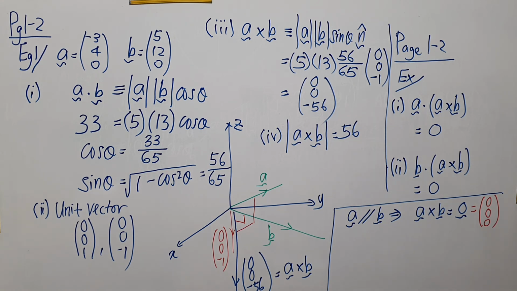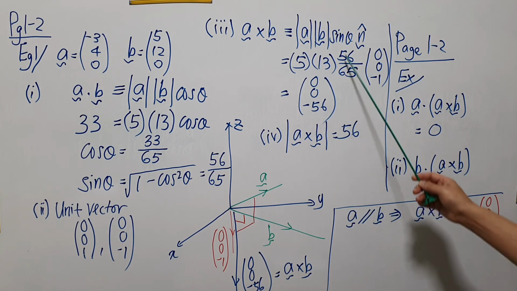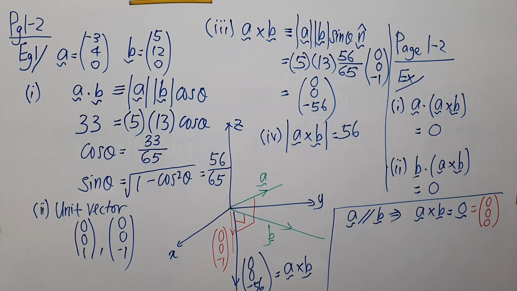Okay, let us look at the definition of cross product. If two vectors are parallel, then the angle between them will be... say again, if two vectors are parallel, what can you say about the angle between these two vectors? It is either 0 if they are in the same direction, or it is 180 degrees if they are in opposite direction. So when two vectors are parallel, this angle is either 0 or 180.